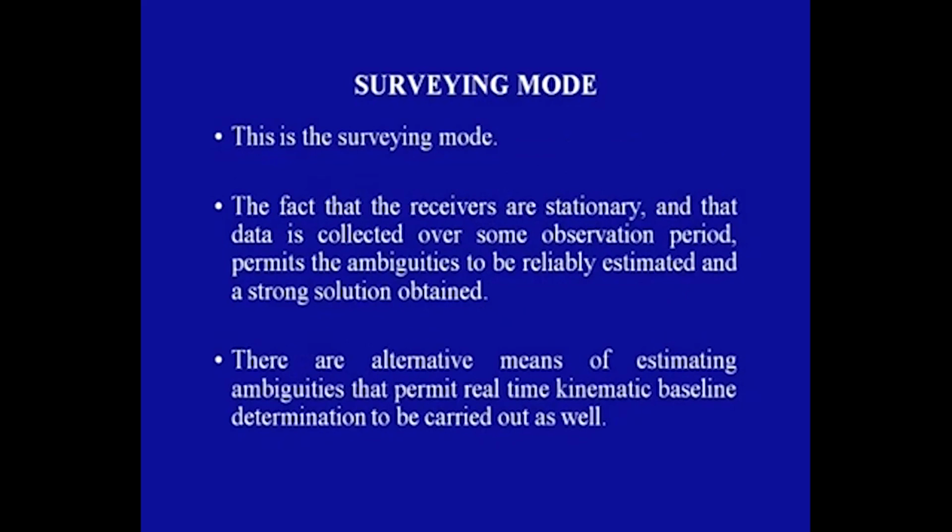Given that the GPS receivers are stationary and that the data is collected over some observation period, this permits the ambiguities to be reliably estimated and a strong solution can be obtained. There are alternative means of estimating ambiguities that permit real time kinematic baseline determination to be carried out as well.